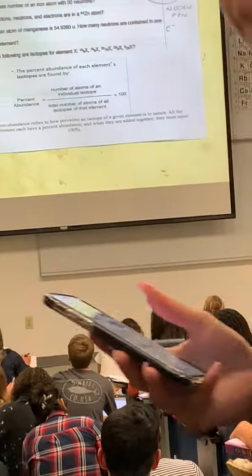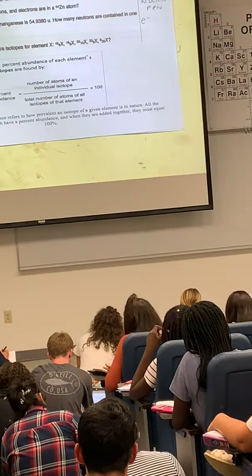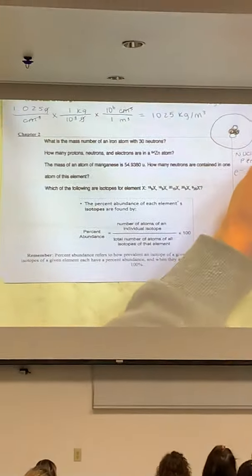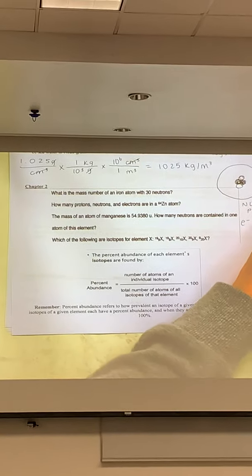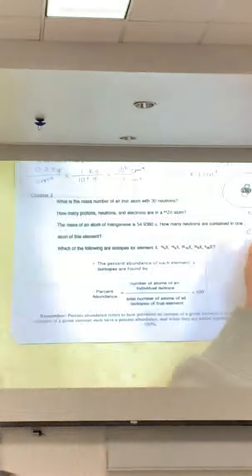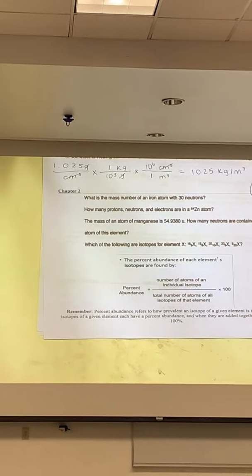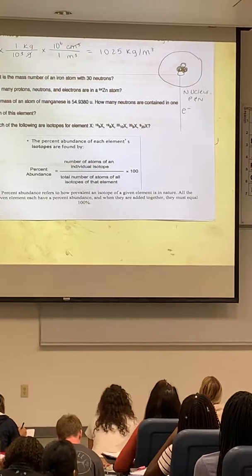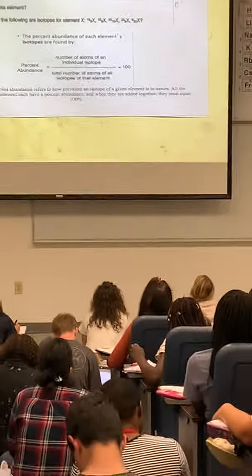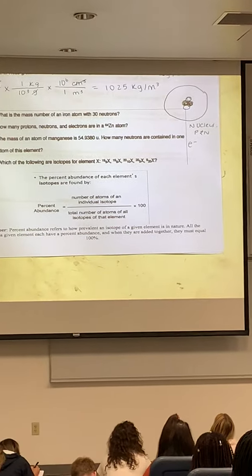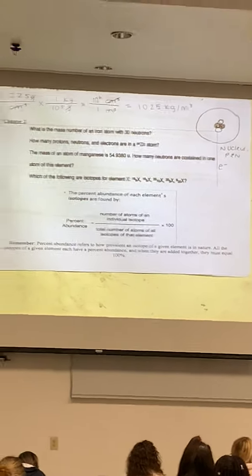So on the periodic table, it starts off with 1, 2, and then it just keeps going up by 1. That's the number of protons in every one of the atoms. Protons plus neutrons is the mass number. And then if something is neutral, the number of protons is equal to the number of electrons.